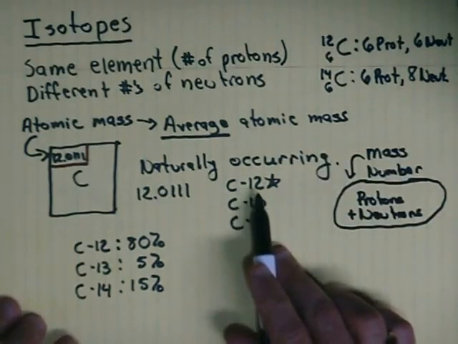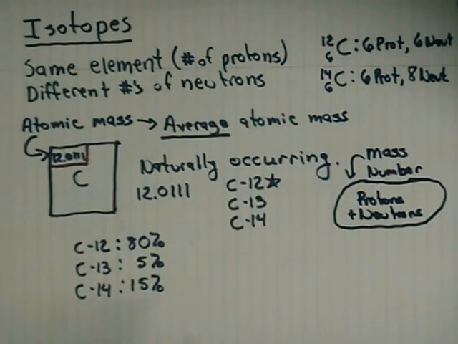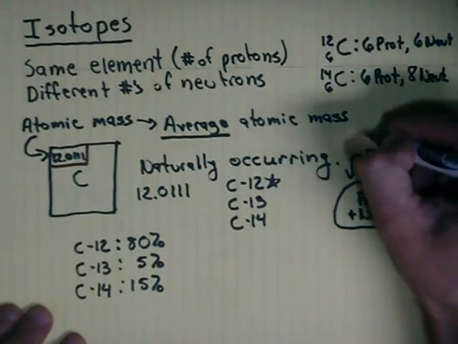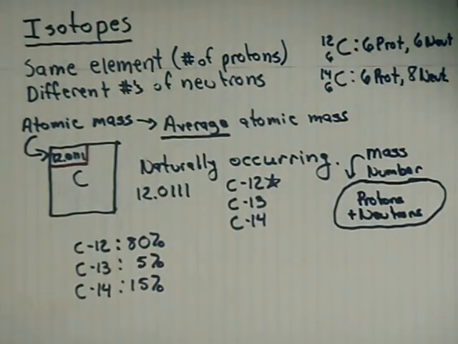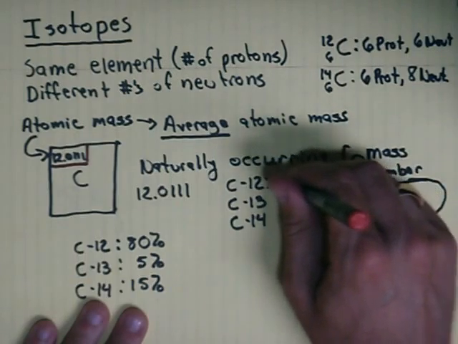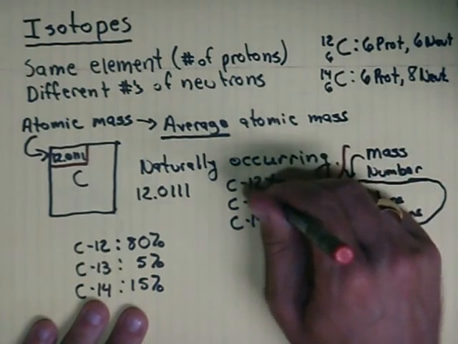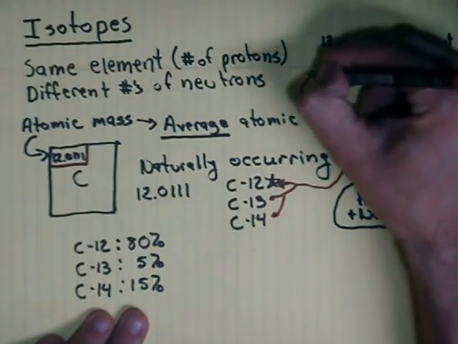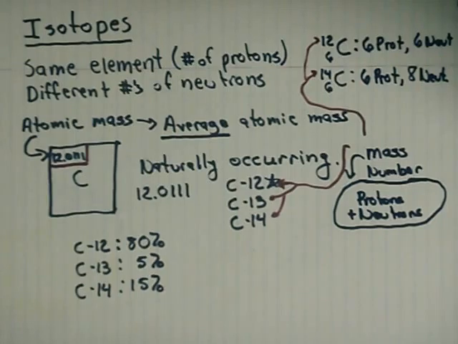So for carbon-12, 6 protons, 6 neutrons, mass number of 12. Carbon-13, 6 protons, 7 neutrons, mass number of 13. And when we're talking isotopes, those are the mass numbers, protons and neutrons.